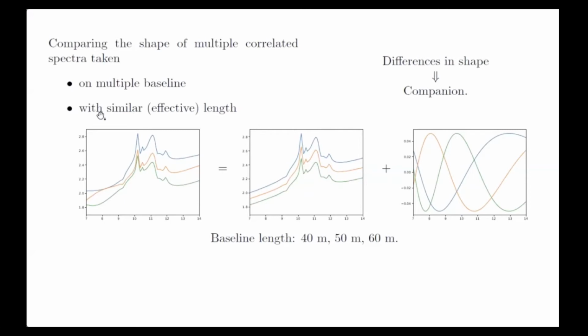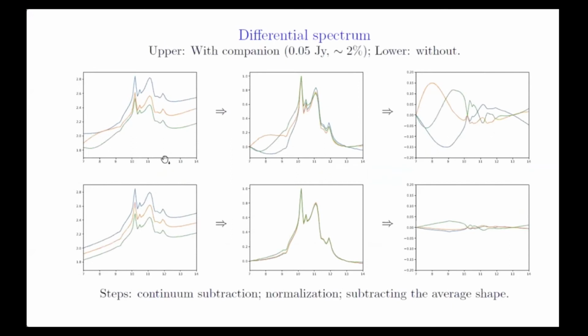So in order to quantify the difference in the shape, we use the following algorithm. For each of the three spectra, we first subtract the continuum so that only the feature is left.